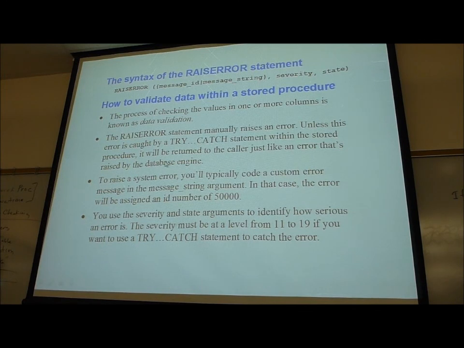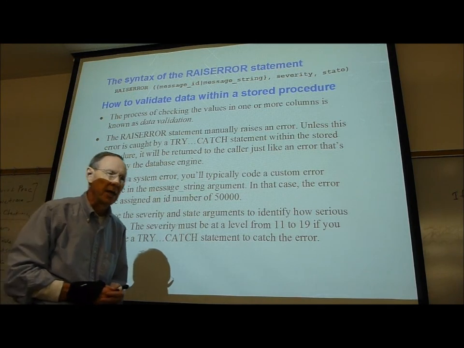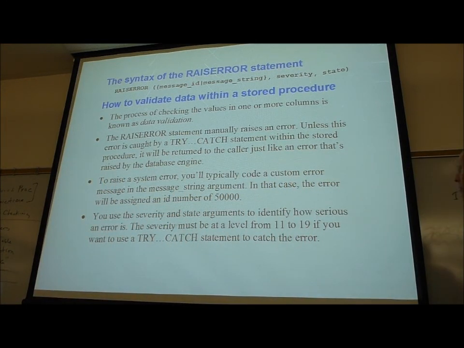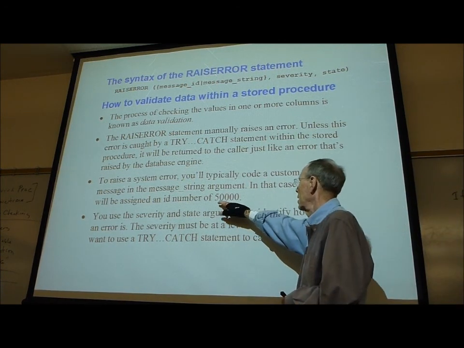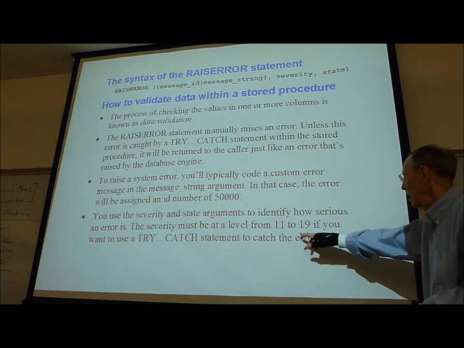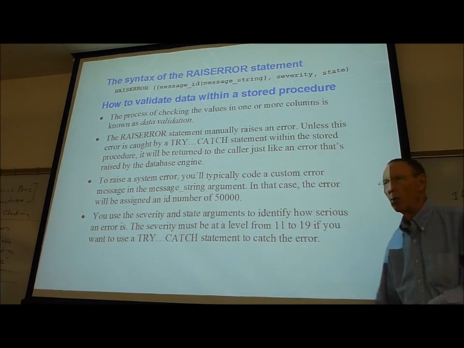And we'll look at an example of how to create our own error messages. Usually we'll have a message, and then this severity and this state stuff; we've just got some standard numbers that we use. It's always 50,000, that's a custom number. You don't get to assign any of these. And I always assign it a 1-1.